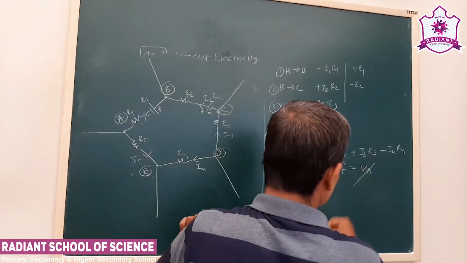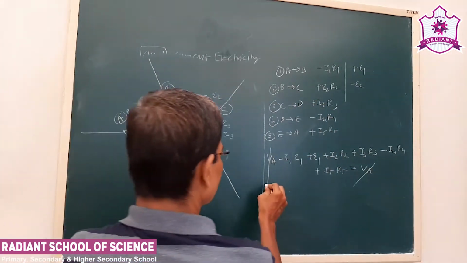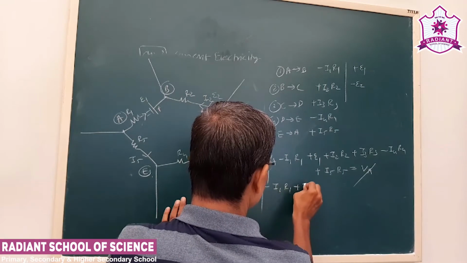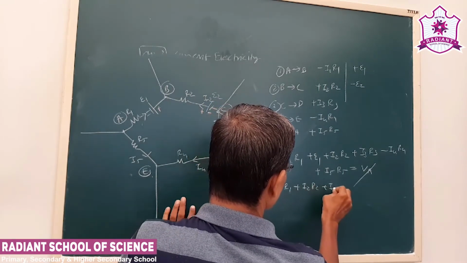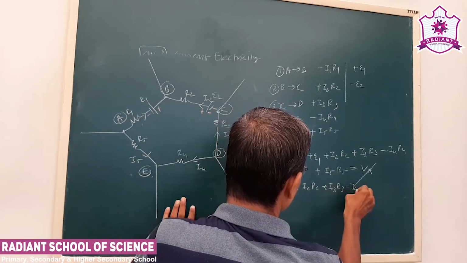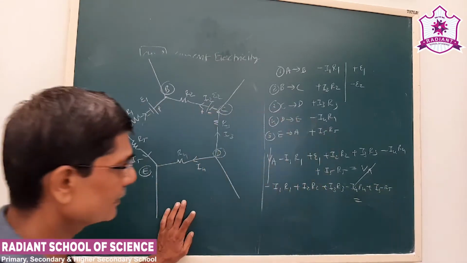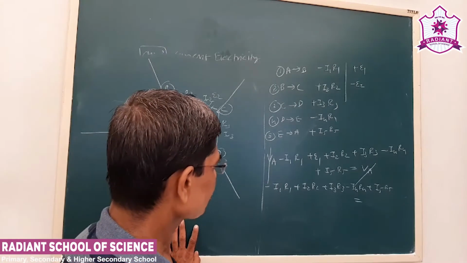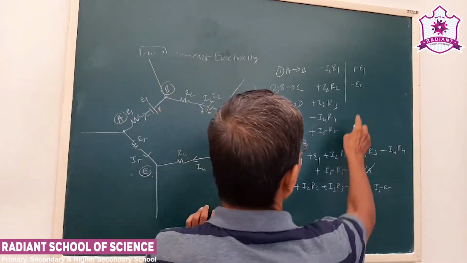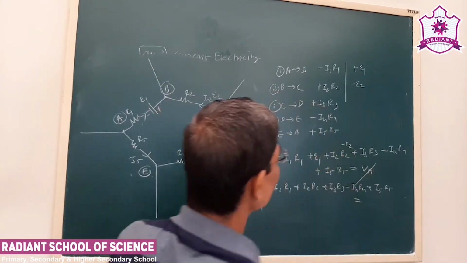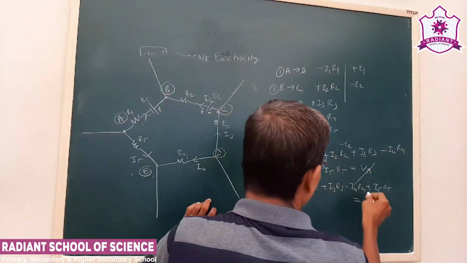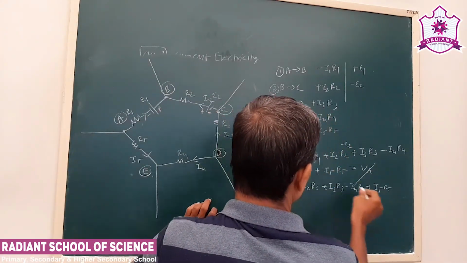So this is cancelled. Okay, so we can write minus I1 R1 plus I2 R2 plus I3 R3 minus I4 R4 plus I5 R5 equal to, now here minus E2 is remaining. This will move to the right hand side and become positive, this will become negative.